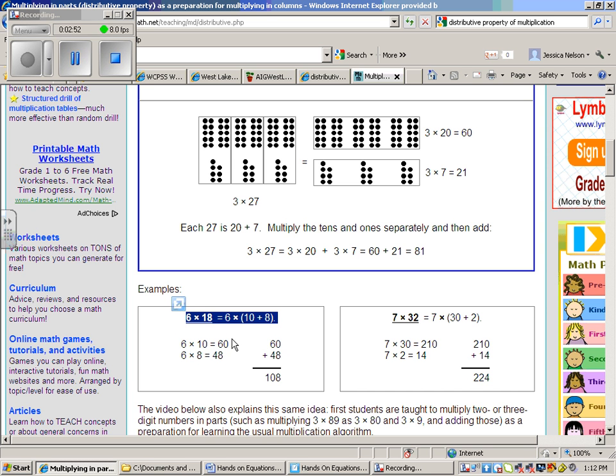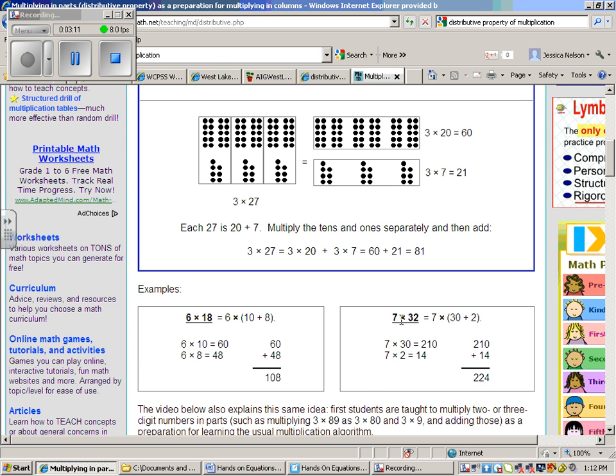This is the distributive property over addition. Because we have addition in the parentheses here, we're distributing our multiplication over this addition in the parentheses. And 60 plus 48 is 108.